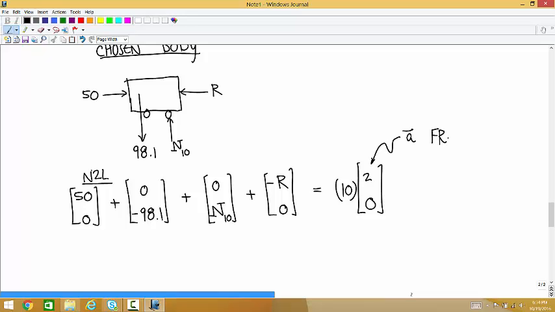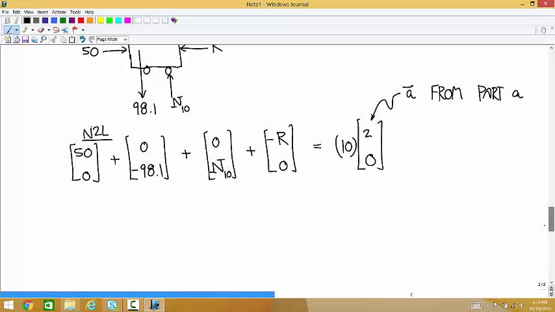That's the acceleration vector from part A. So now the x equation says 50 plus 0 minus R is equal to 20.